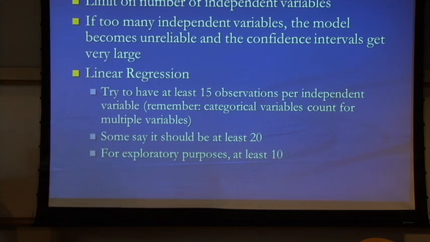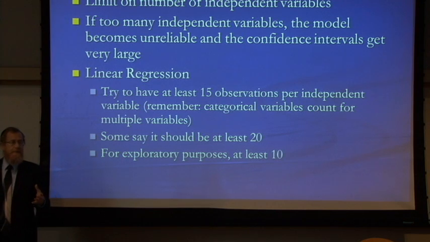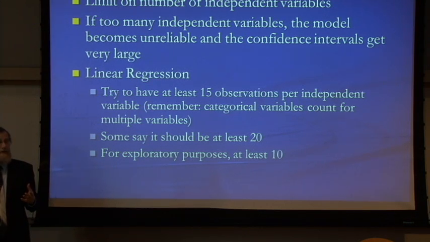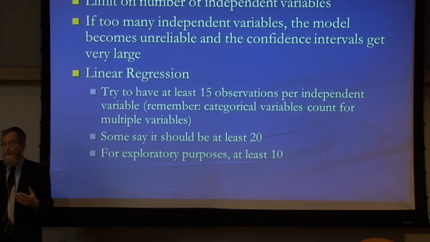So the problem is that as you add more and more variables, if your data set isn't big enough to support that analysis, then the model becomes unreliable, and the confidence intervals get really, really big. So as the confidence intervals get really big, it makes it really hard to find significant results. But it may simply be because you have too many variables in the model, there really was an effect. So that's a big concern.